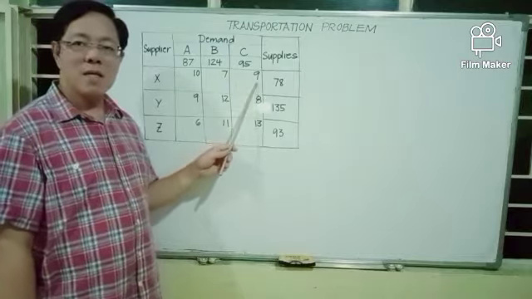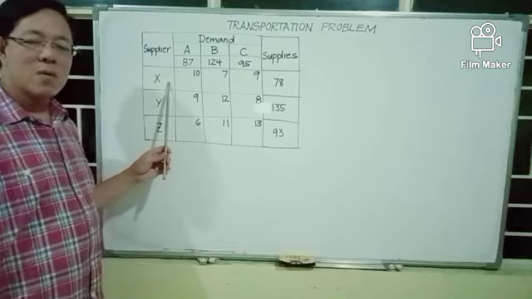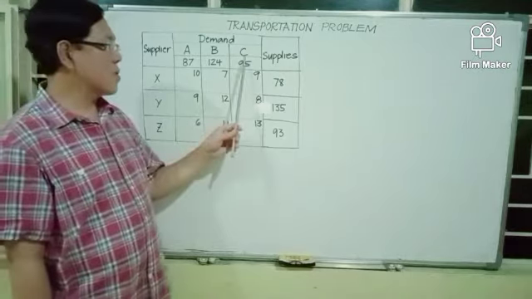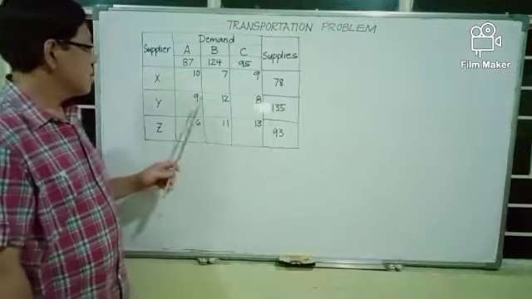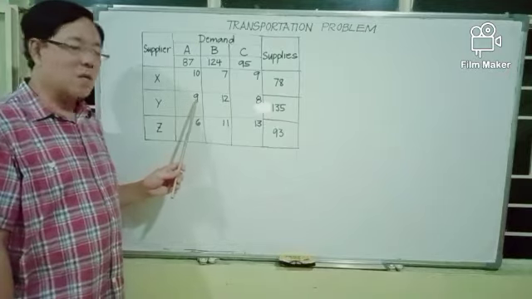And 9 here means that the cost of transporting one unit from supplier X to customer C is 9 pesos per unit.